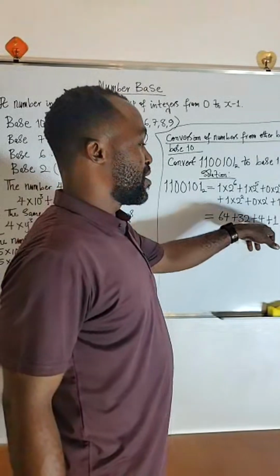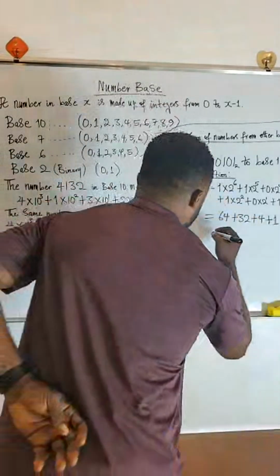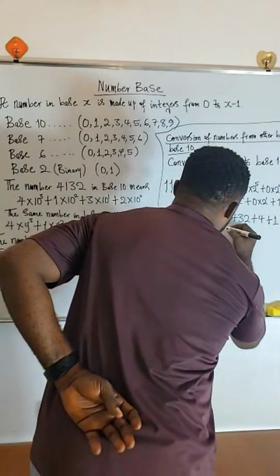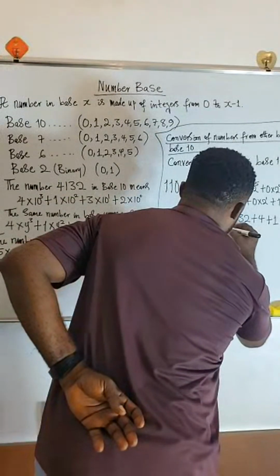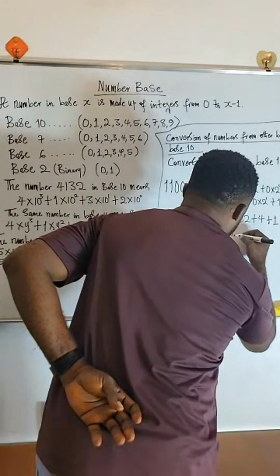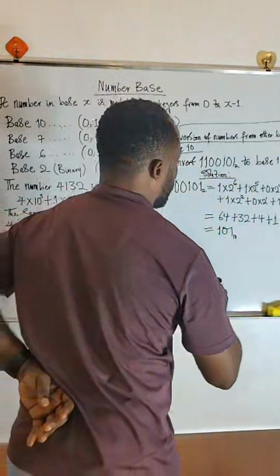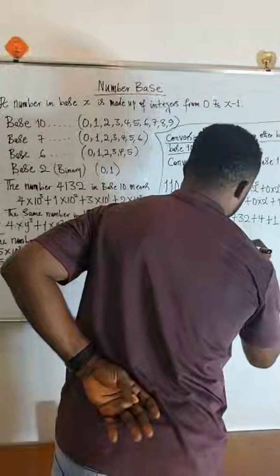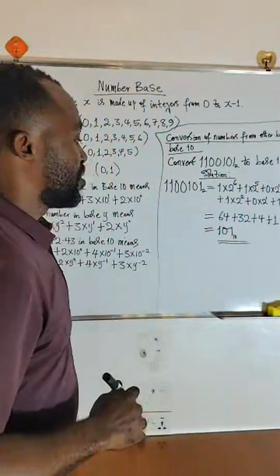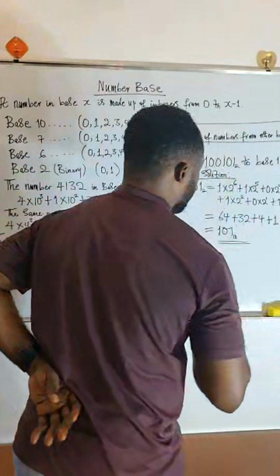And so 100 plus 1, that's going to give us 101 in base 10. All right? 101 in base 10. So this will be the answer. Okay?